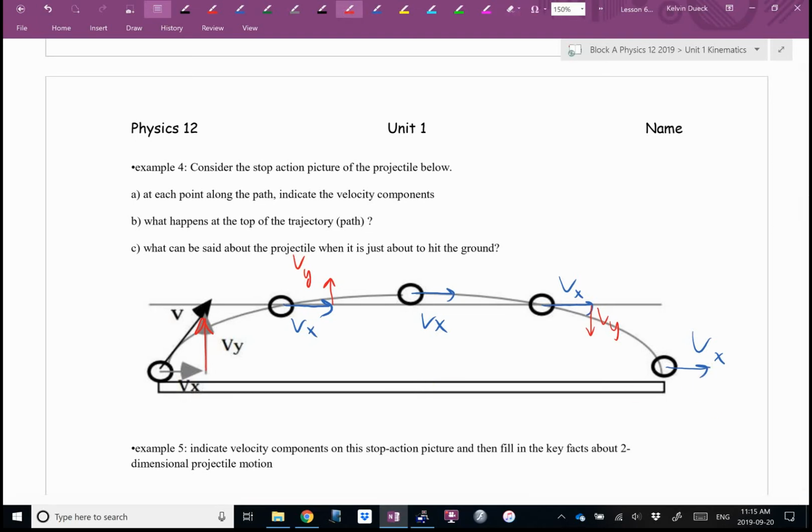Right when we hit the ground, that Vy will be the same as this Vy, but negative, which also means the resultant will be the same as this resultant. But instead of 30 degrees on the way up, it'll be 30 degrees on the way down. Or instead of 40 degrees on the way up, it'll be 40 degrees on the way down. That's all a consequence of the fact that horizontal and vertical motions are independent of each other, and AX is 0, AY is negative 9.8.